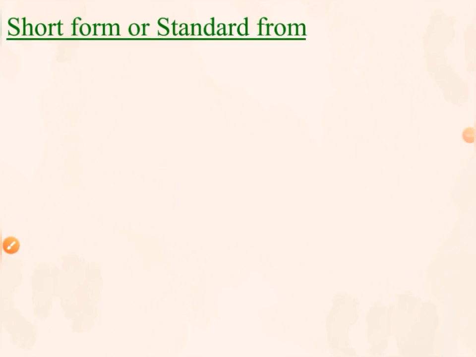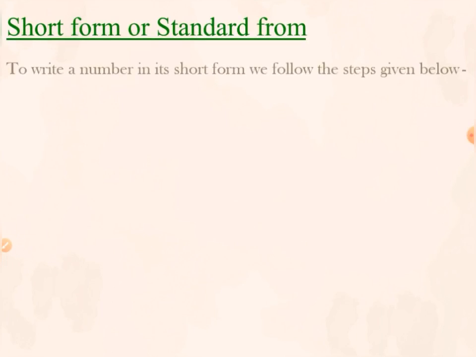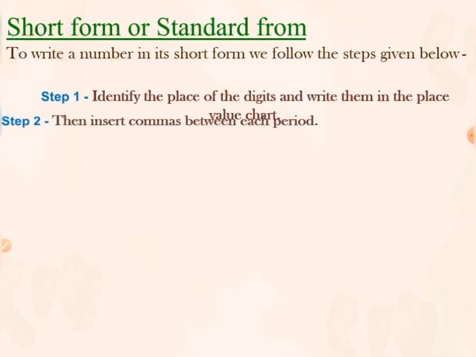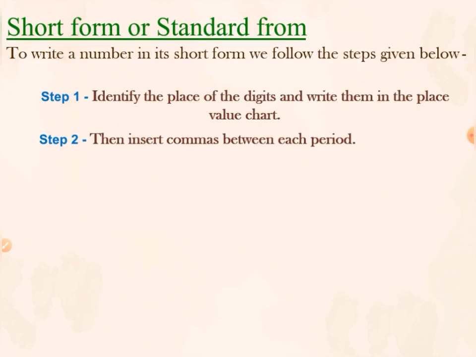Now short form or standard form. So short form is actually the other way round of the expanded form. That is, I have the expanded form of the number, which is given here: 40,000 plus 2,000 plus 100 plus 70 plus 3.